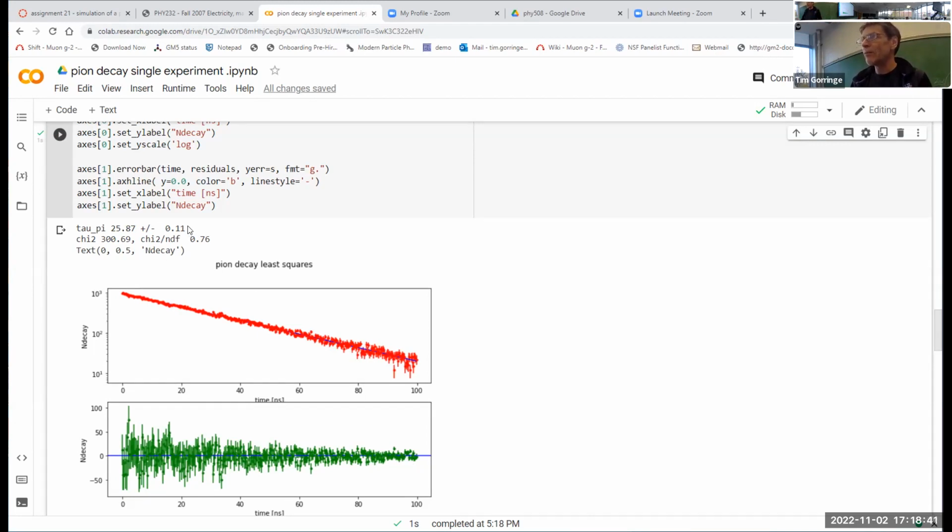But if we look at the actual lifetime we've extracted, the lifetime is now within the error of the truth value that we put in. Before, the lifetime was many, many standard deviations from the truth value because we never gave the fit the proper uncertainties on the data points. So now this seems more sensible.